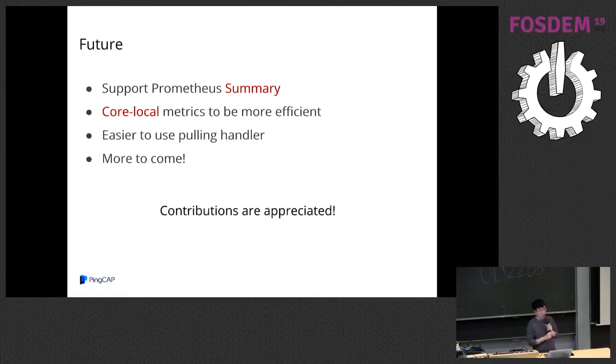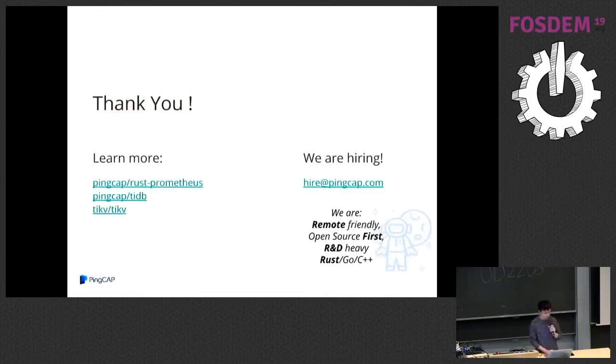So we have already got an idea. It's core local metrics, and we are still exploring how we can implement it. By using core local metrics, we expect to have greater performance. And also, we will provide some easier-to-use polling handler and more to come. Contributions are appreciated. Thank you very much.